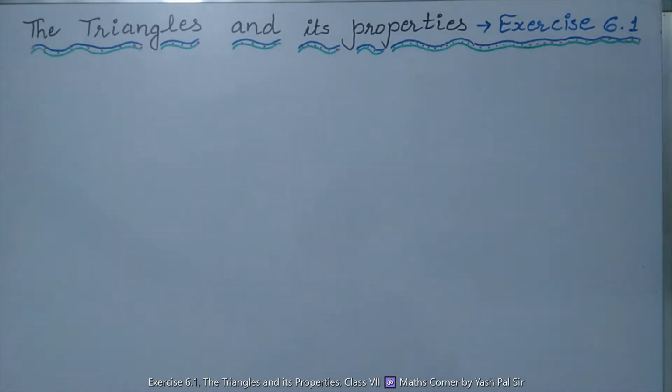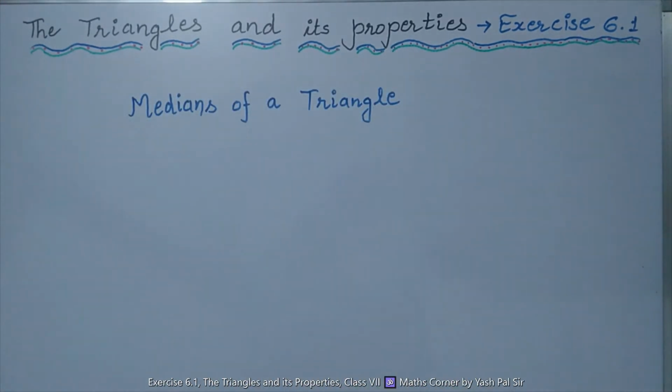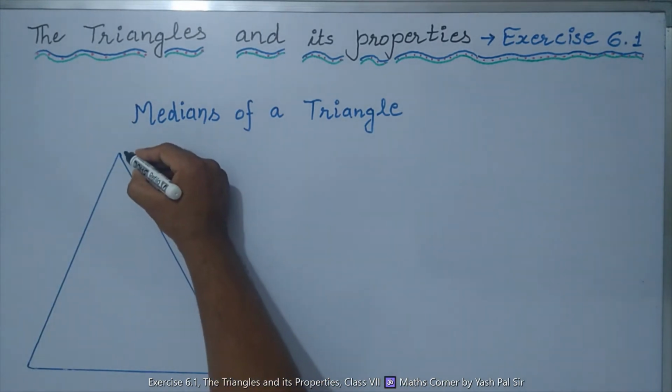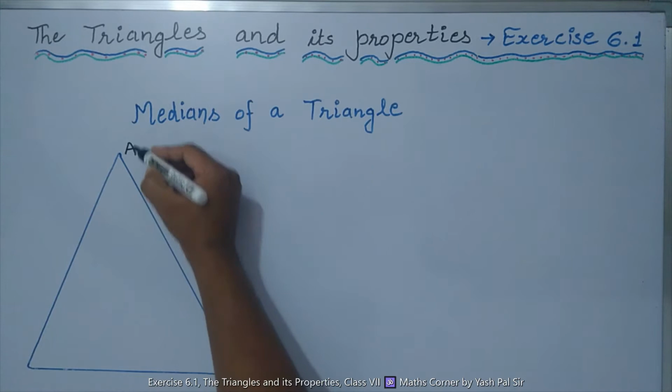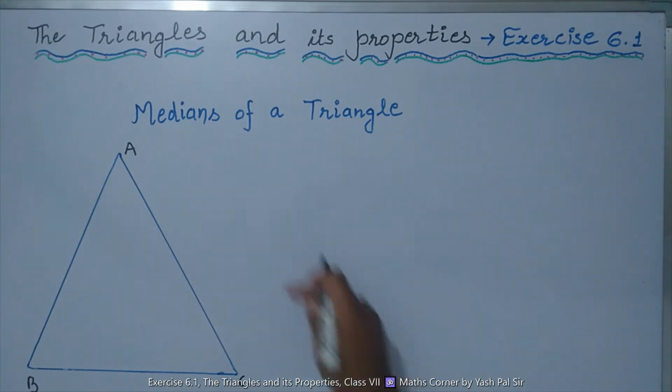Now we shall discuss the medians of a triangle. Again, suppose we have one triangle, naming the vertices A, B, C. First of all, what we do here, we find the midpoint of one side. Suppose we are taking the side BC. Now what is the midpoint of side BC?